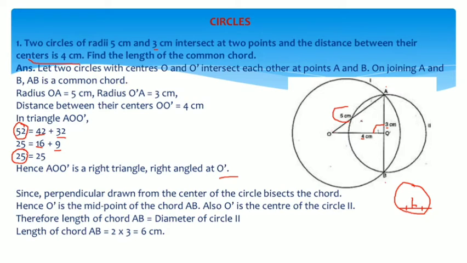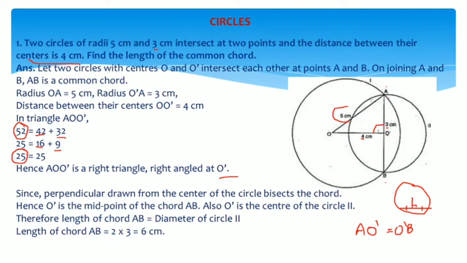So we can say here that AO dash will be equal to O dash B, because OO dash will bisect AB, or we can say O dash is the midpoint of AB.